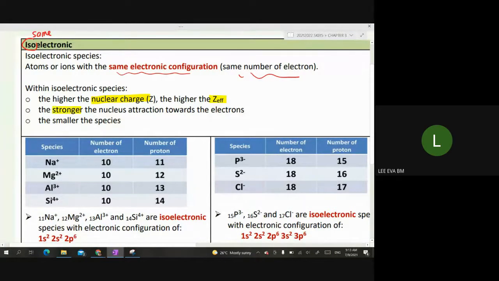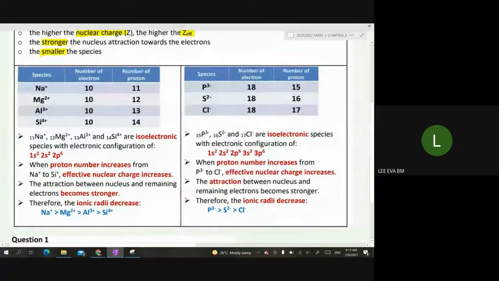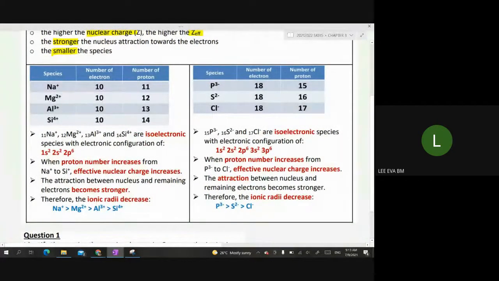Therefore, you will have a stronger nucleus attractions and you will have a smaller species. Dia macam awak punya trend across the period. Cuma sekarang kita tukar subject. Subject tukar kepada isoelectronic. Okay. So untuk dua example dekat sini pun ada dekat video. So Madam just touch and go only.